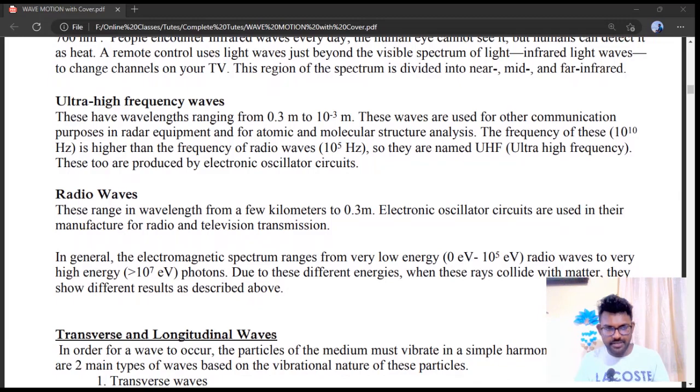Thereafter we see the radio waves, which we are using for radio communication. As I think you have seen, when you switch to a radio, they say 91.4, 91.8 island wide, right? That says the frequency band in which they are sending their signals. That is said in kilohertz, right?